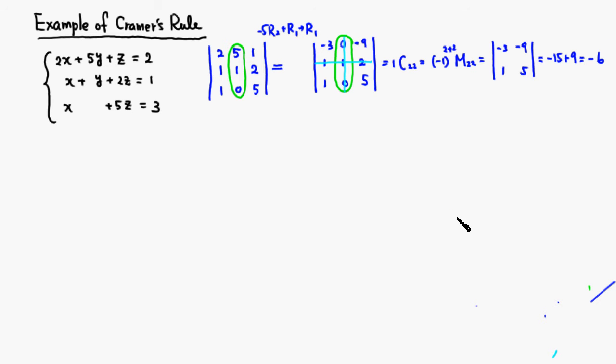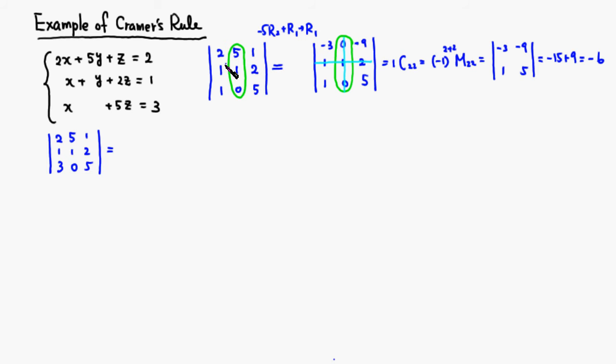Alright, so we need to find the 3 more. So let's do that. For x, we have to find the determinant. So we replace the first column by the right hand side, 2, 1, 3, and everything else stays the same: 5, 1, 0, 1, 2, 5. If we want, we can apply the same trick as the first one.